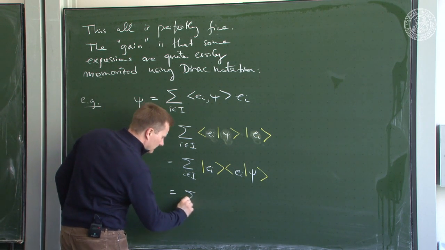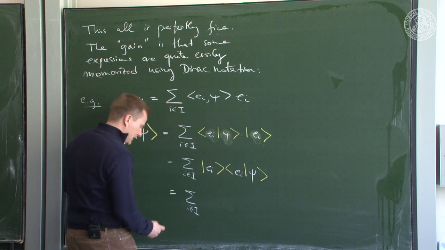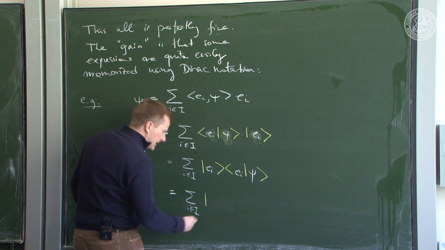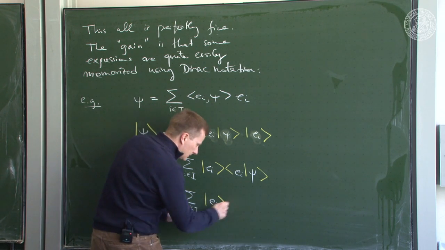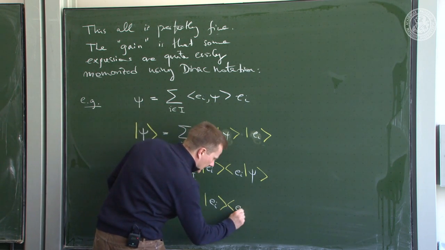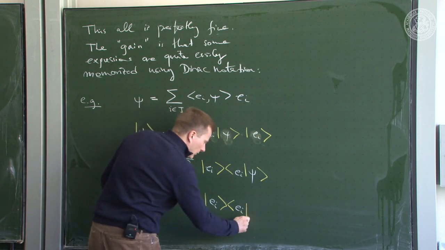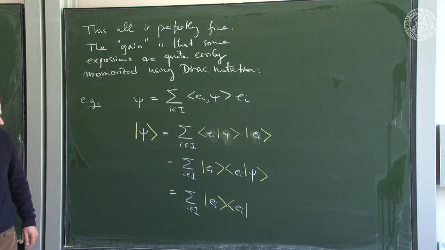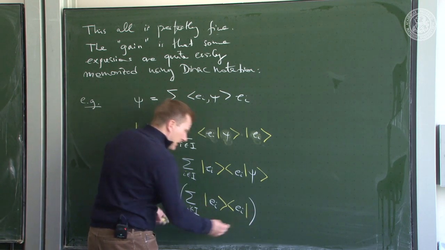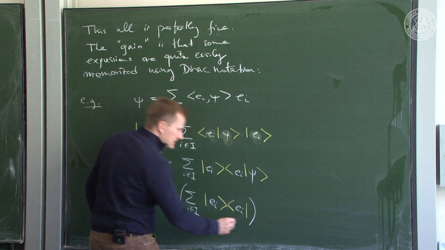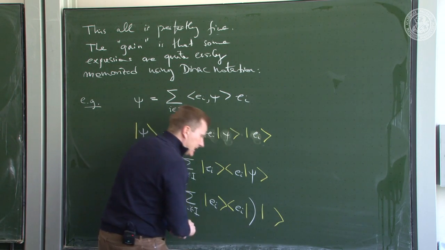Now it gets a little more interesting because what you often do then is write this as the sum of e_i ket, bra e_i, and you say, well, quite obviously, but I'm not so sure, quite obviously you can take the sum out, you first execute the sum, and then you apply it to the psi.